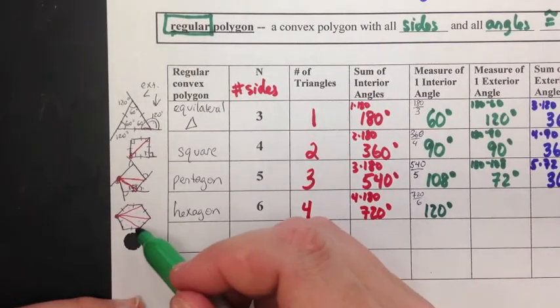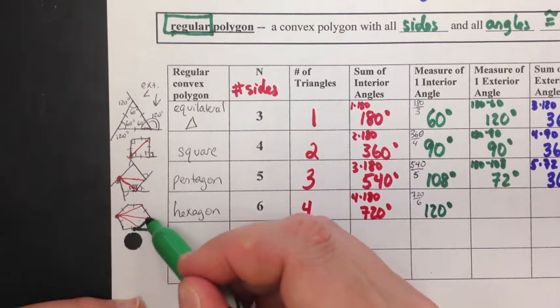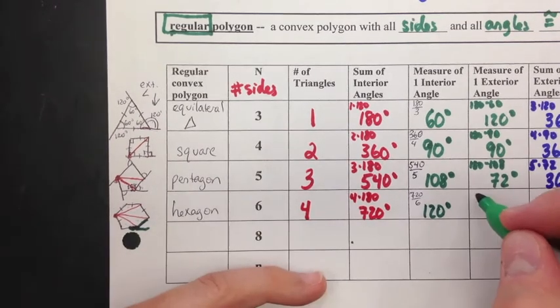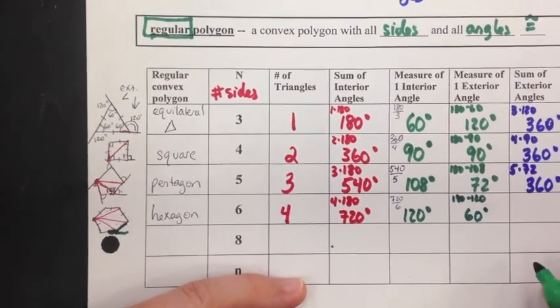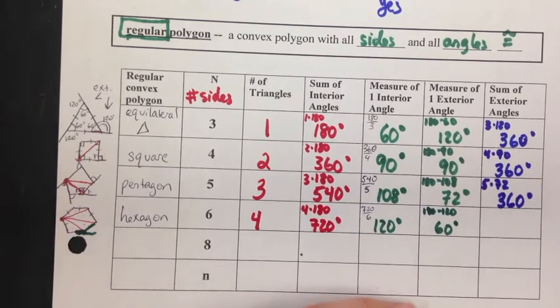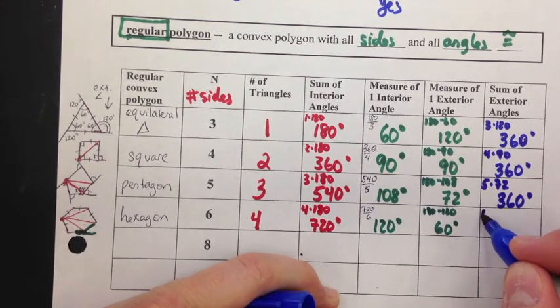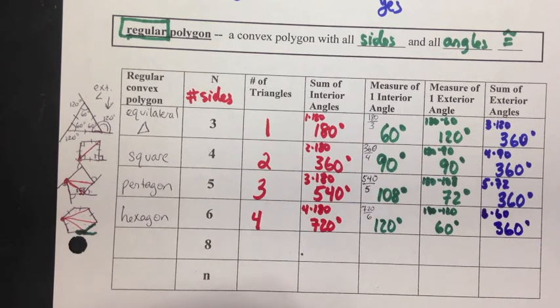So outside would be 180 minus that, because together they add up to 180. It's a straight line. 180 minus 120 is 60 degrees. And then the last thing, how many exterior angles are there? Well, in a hexagon, there's 6 of them. So 6 times 60, guess what? 360 degrees.